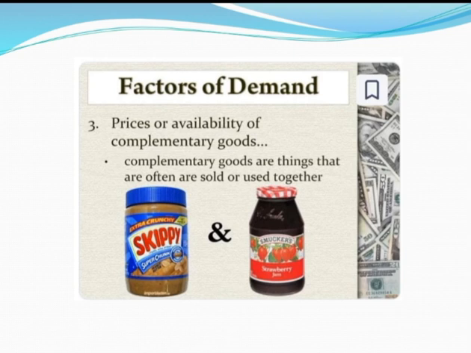If we buy a car, we need petrol to run it. So these are called complementary goods. If the price of the car or the price of petrol rises, it impacts the other. When petrol prices rise, the demand for cars slightly reduces, which shows that this factor affects demand.